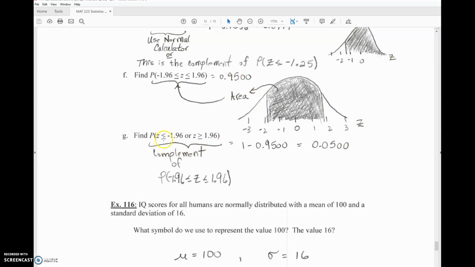So if I want the probability that z is less than or equal to negative 1.96, that's this area to the left of it, or the probability that z is greater than or equal to 1.96. So that means it could be in here, or it could be in here. I already figured out that this was 95%, so the outside, of course, is 5%, or 0.05.